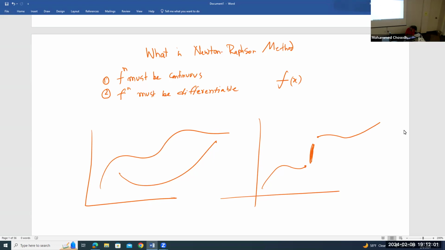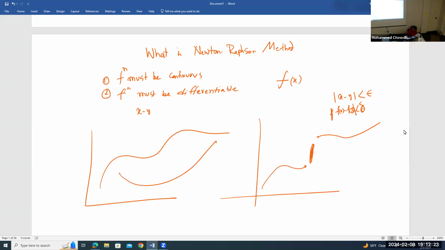More specifically, it is said if |x minus y| is less than a very small number delta, then f(x) and f(y), the difference of them, is also very small.